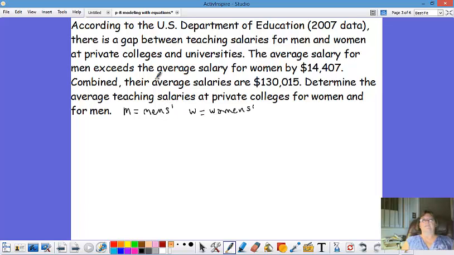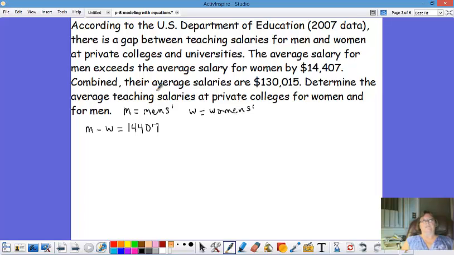The average salary for a man exceeds the average salary for a woman by $14,407. That means if we were to take the men's salary and subtract the women's from it, the difference between them would be $14,407. So there's an equation that comes from the given information in this problem.